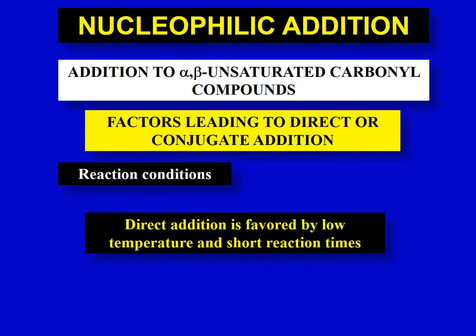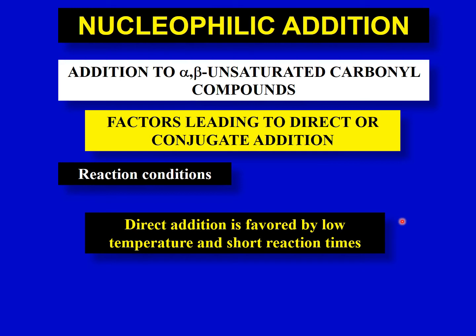From addition to alkenes, or addition to carbon-carbon double bonds, you know that the direct addition product is favored by low temperature or short reaction times. Direct addition product is also known as 1,2 addition product.